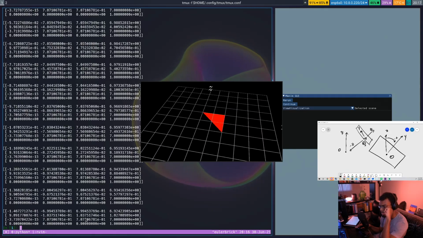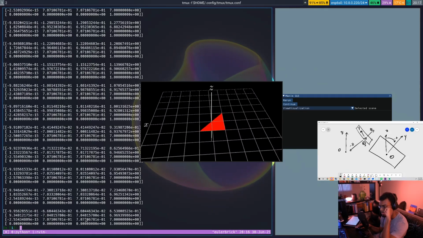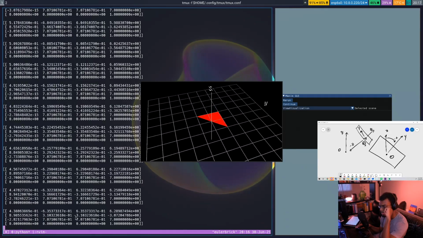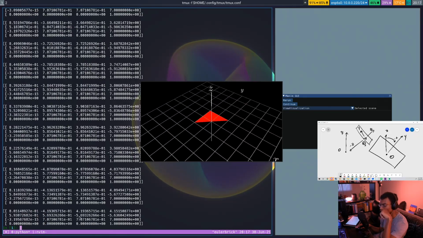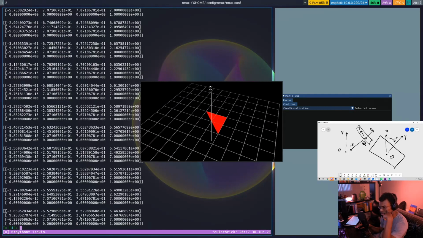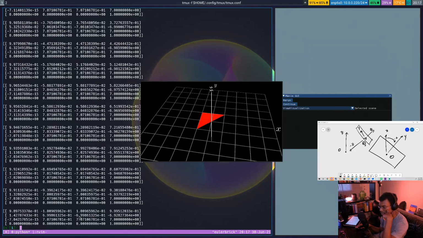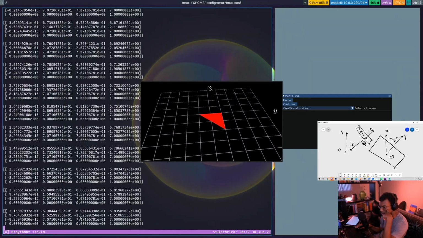But I think these jumps occur at places where some of the values switch from negative to positive. Oh, it's where some of these values loop around, I think.